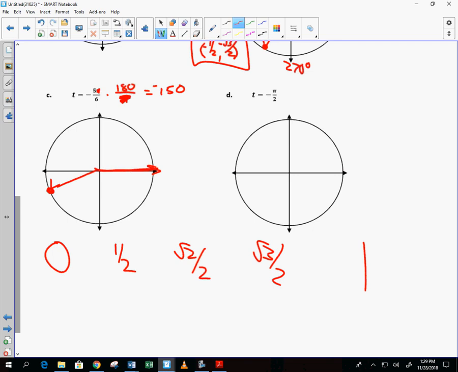I draw a side to the x-axis. If this is 150 degrees right here, what is this small little angle right here? 30. Because it has to add up to 180, right? Good.